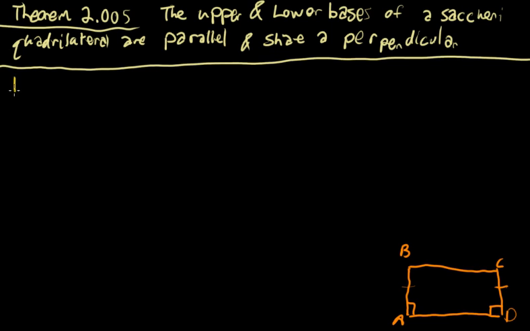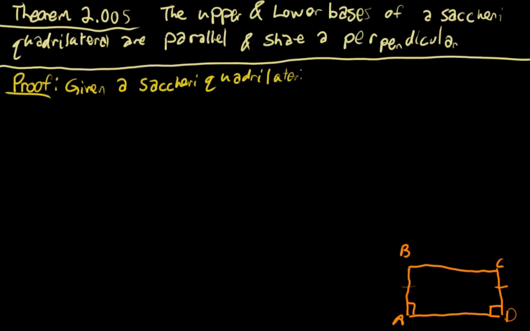So for the proof, we'll say, given a Saccheri quadrilateral, we'll say quadrilateral ABCD.